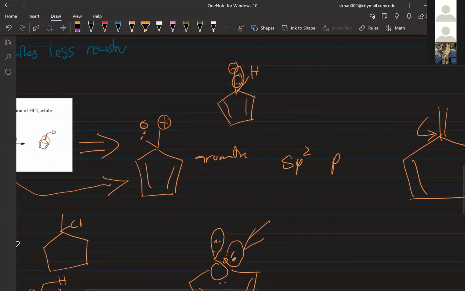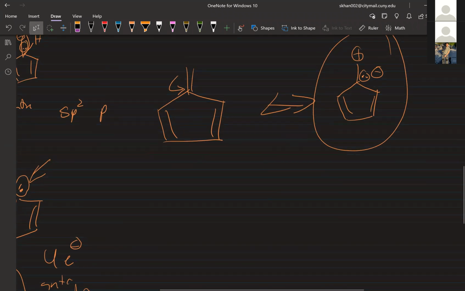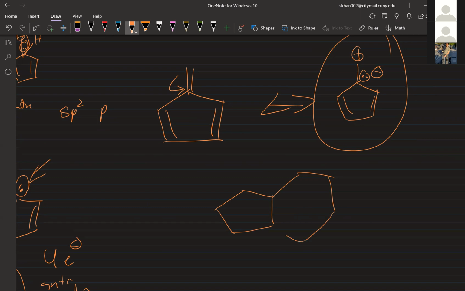So remember those questions with the dipoles? Actually, this is a perfect way to explain this. Remember we did something like this, and then we split the pi bonds.